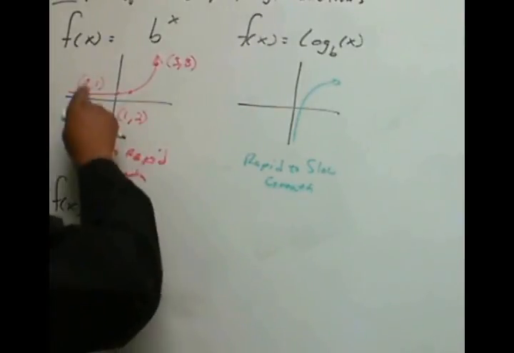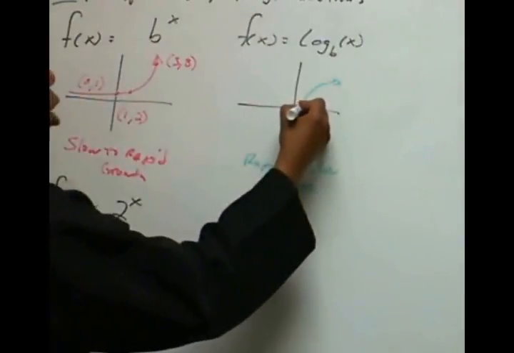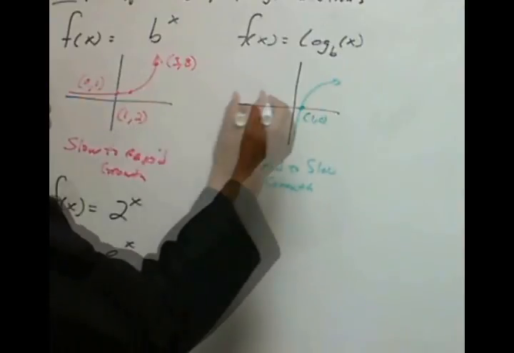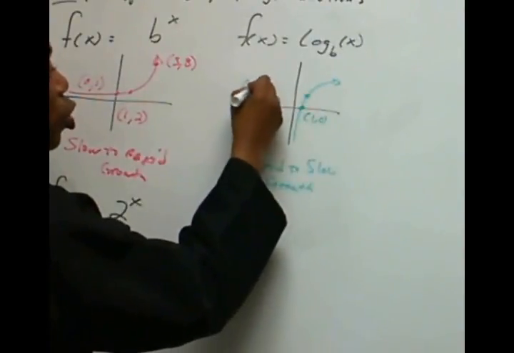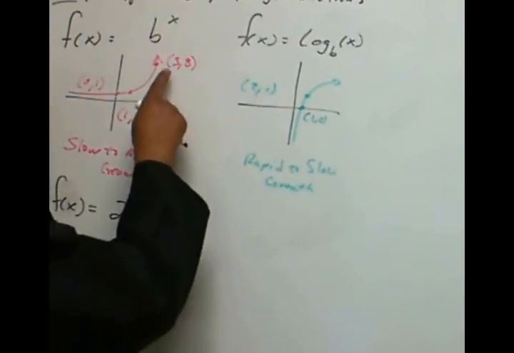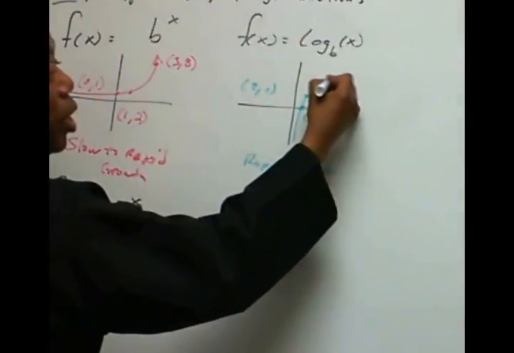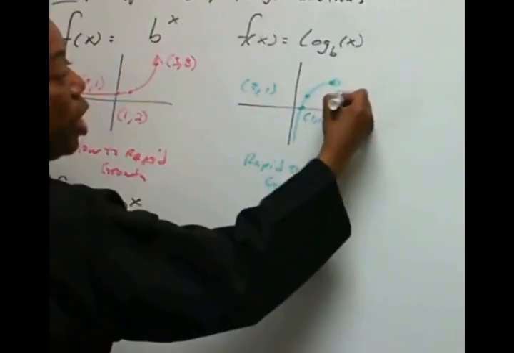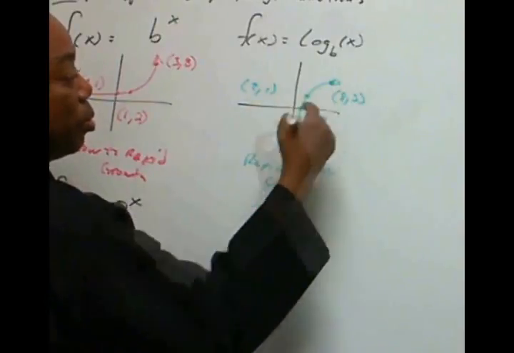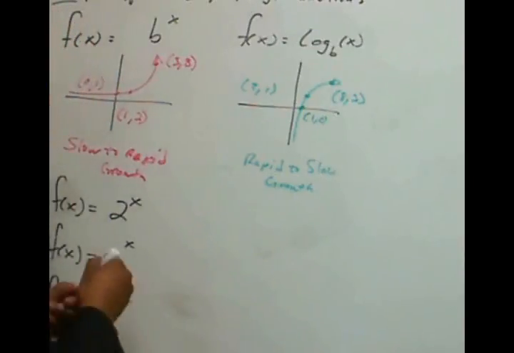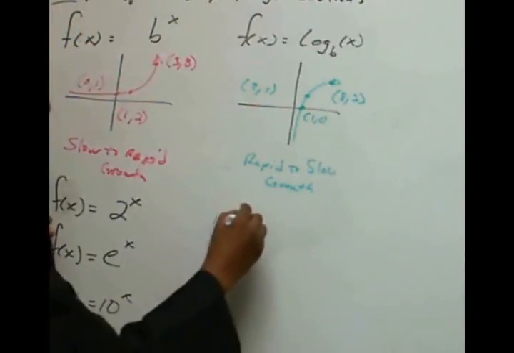So if an exponential produces 0, 1, the logarithm is going to have 1, 0. If the exponential produces 1, 2, the logarithm is going to have 2, 1. And if the exponential produces 3, 8, the logarithm is going to produce 8, 3. And the functions will look like this.